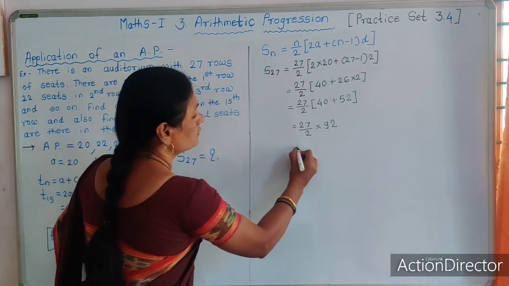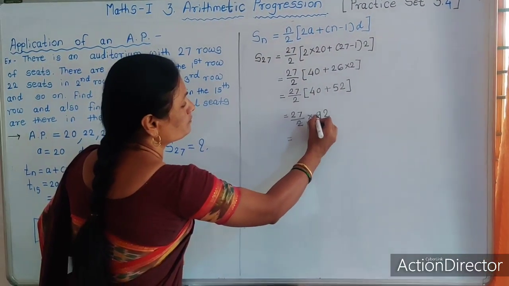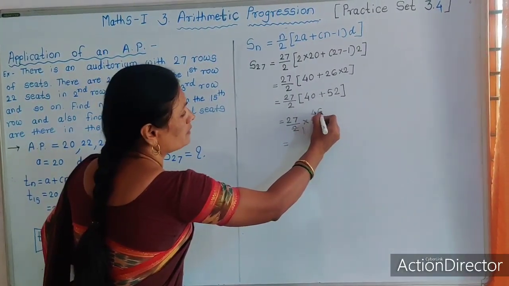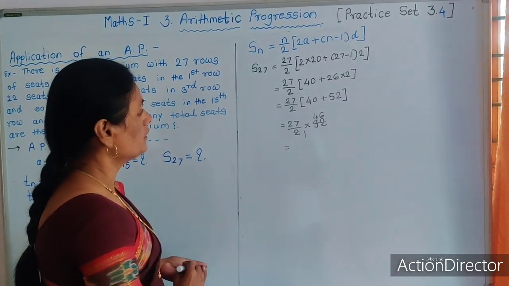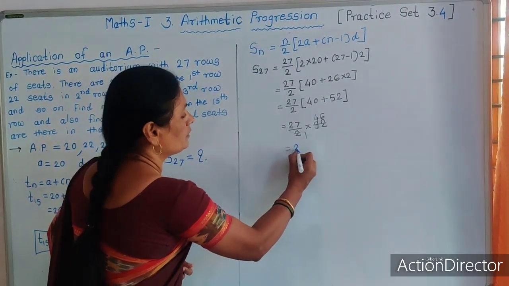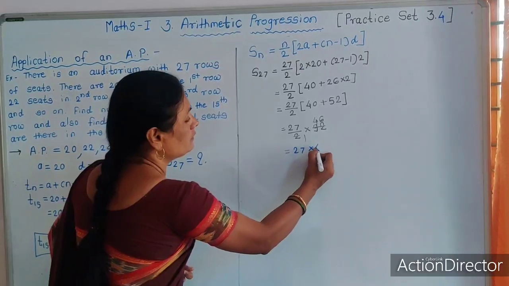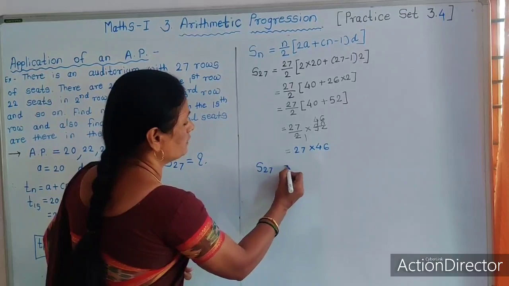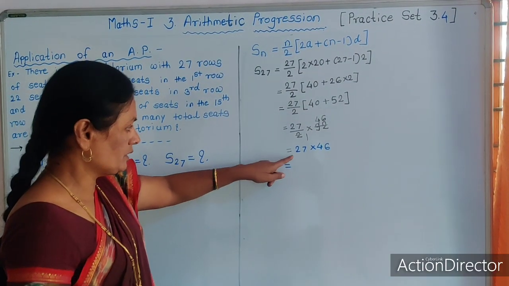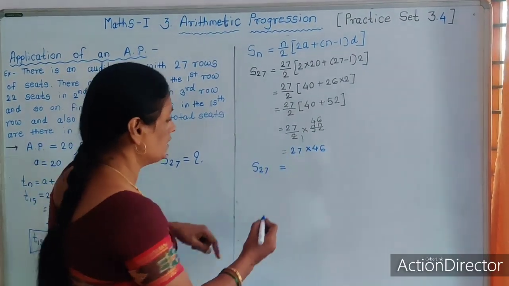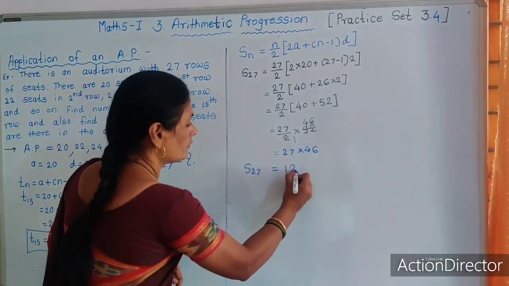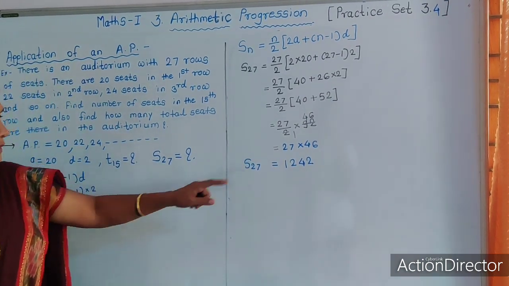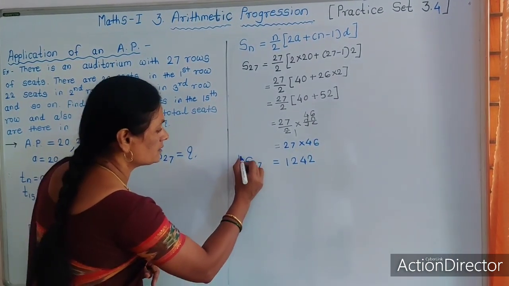Now 92 divided by 2 is 46. Therefore 27 into 46. S27 is equal to the product of these two numbers, which is 1242. Therefore we write the answer.